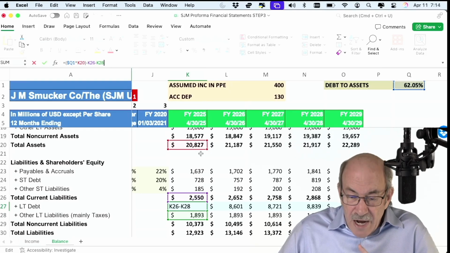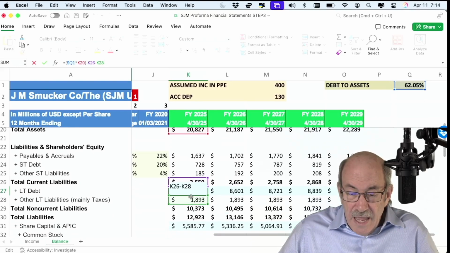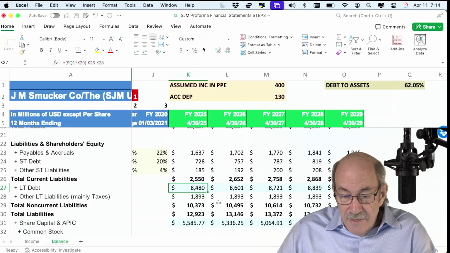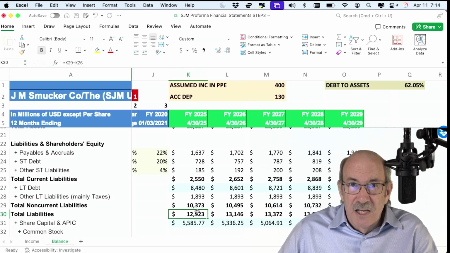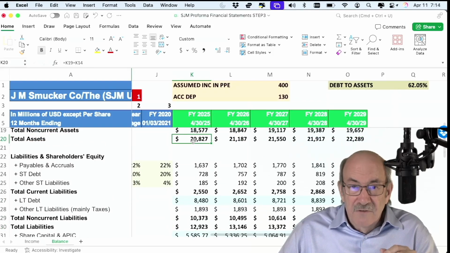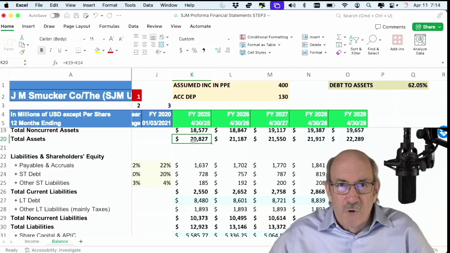Then I'm going to subtract from that my current liabilities, which I've already determined, as well as my other long-term liabilities down here, 1893. That amount of long-term debt will be exactly the amount I need for total liabilities to be exactly 62.05% of total assets.